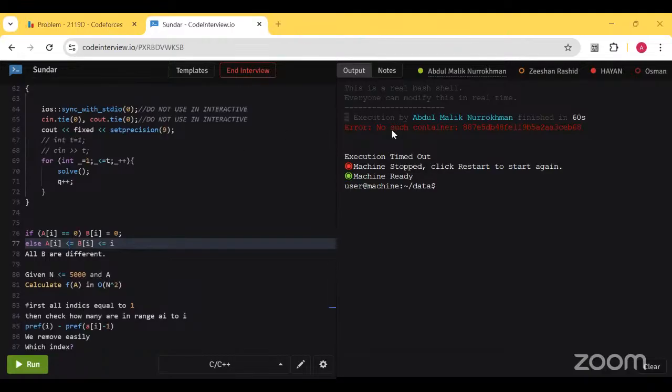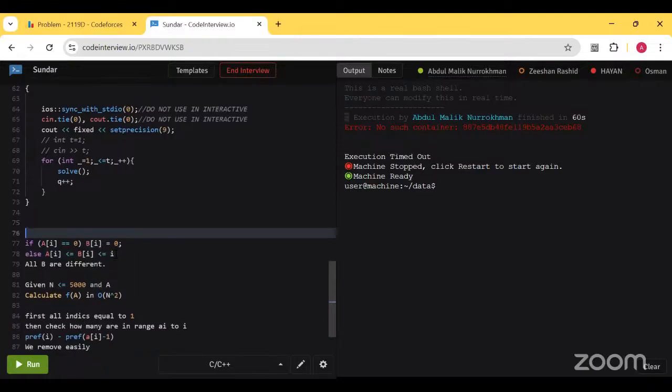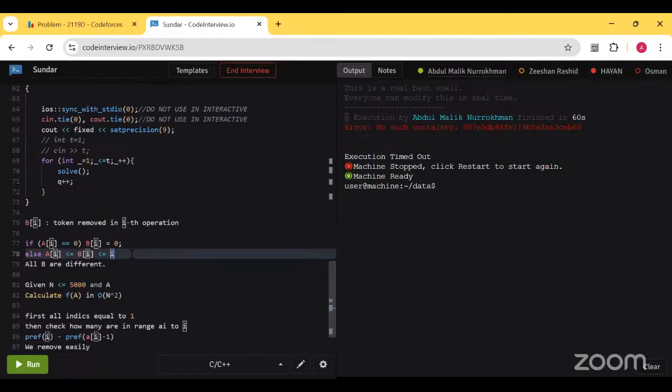Okay, p_i is, I think, the token removed in the ith operation. So p_i is the token removed in the ith operation. Is it correct? So of course, if a_i is 0, let's make p_i equal to 0.